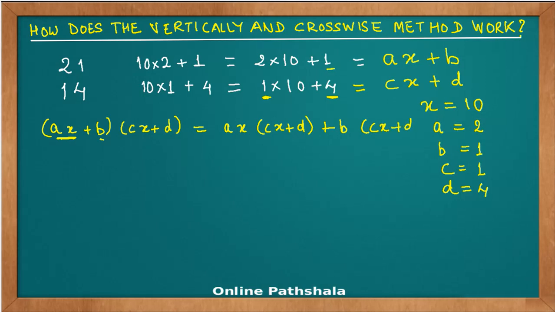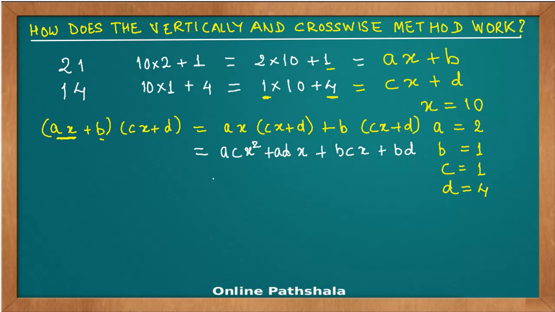And now we just expand this further, and I'll use a different color. So we have a into c x squared, because x is multiplied by itself. Then you have ax times d, or I would just write it as adx, plus, now let's expand the other term here, so we have bcx and bd.